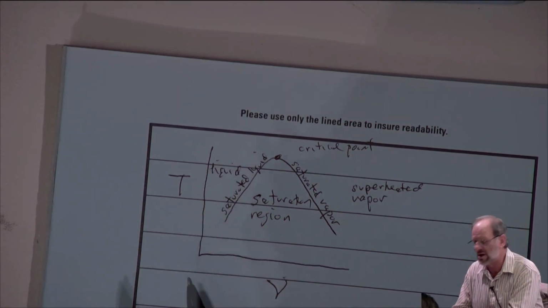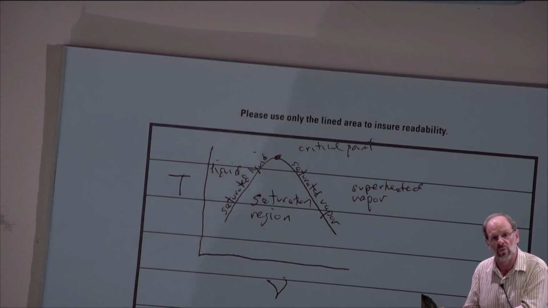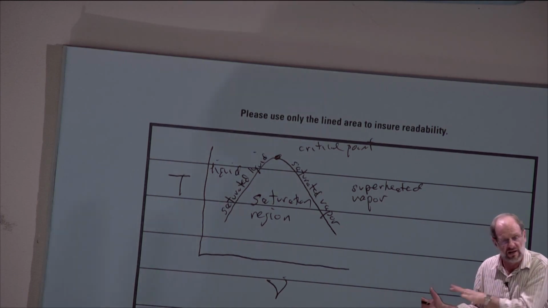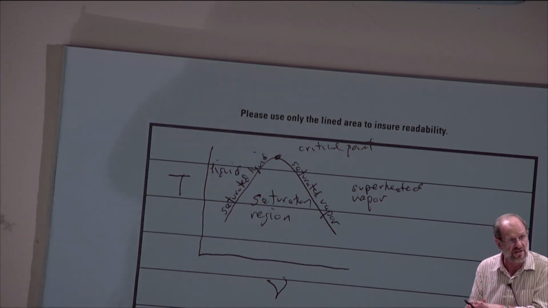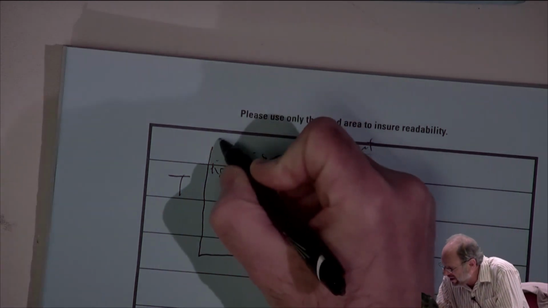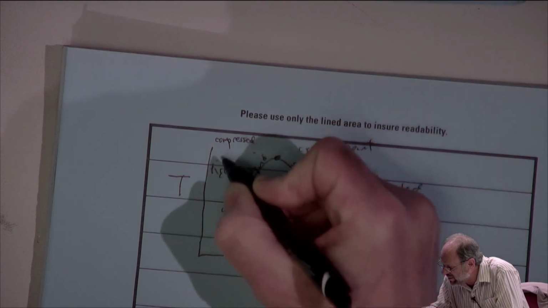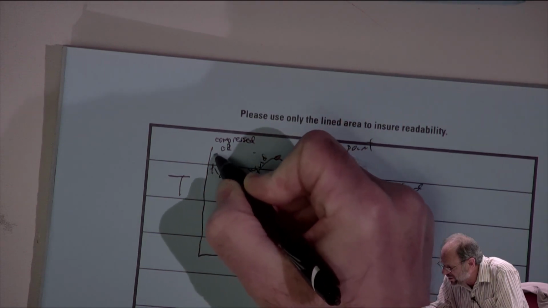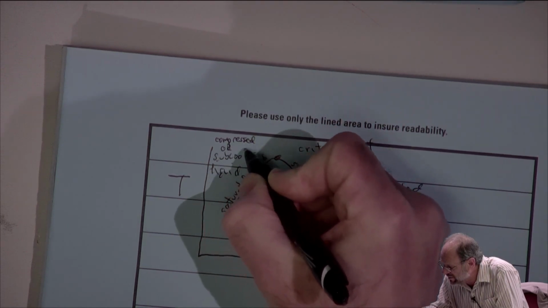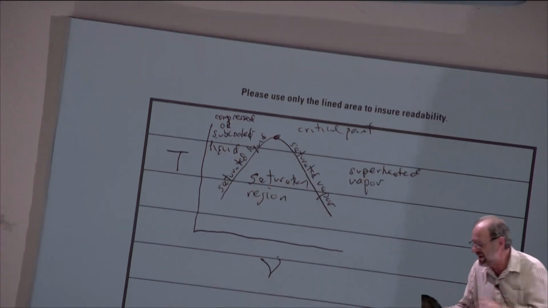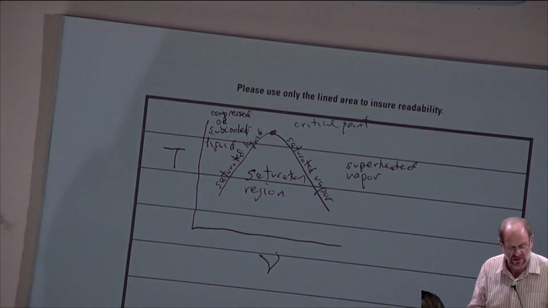We use the word compressed liquid or subcooled liquid to talk about a liquid that's beyond the saturation line here. So again, we call this either a compressed liquid or subcooled liquid. Either phrase would be just fine.